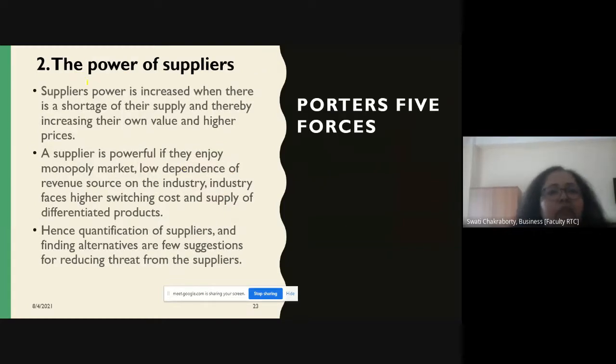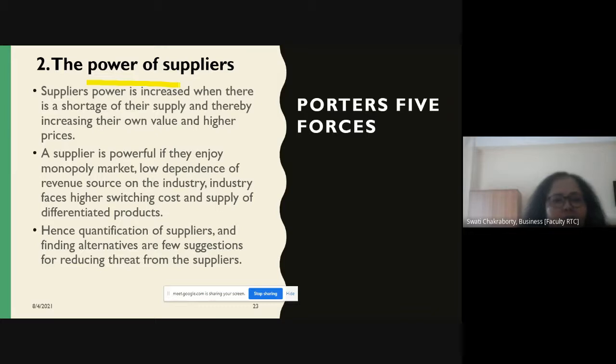Okay. The second factor is the power of suppliers. Now, suppliers' power increases when there is a shortage of supply, right? And so they increase their own value and charge higher prices. So any supplier who has a monopoly market will be more powerful, right?